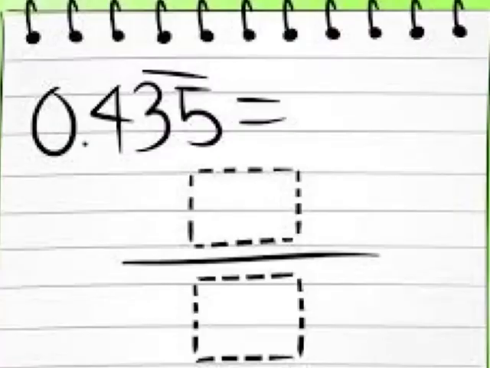Alright, in this one, we see that we have this bar that we talked about yesterday over the 3 and the 5, which means it is going to continue to repeat the 3, 5, 3, 5, 3, 5.